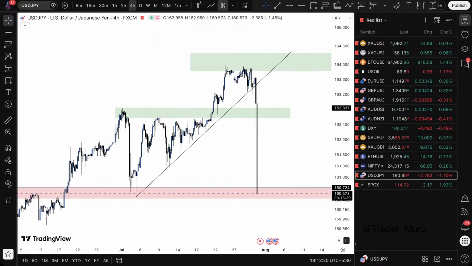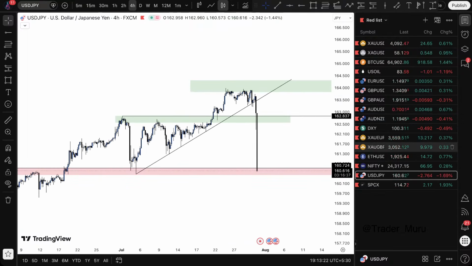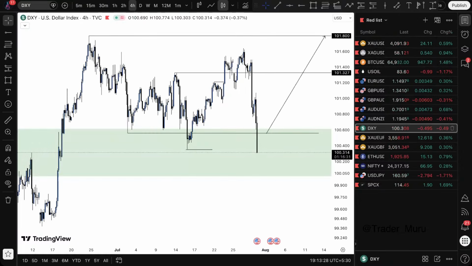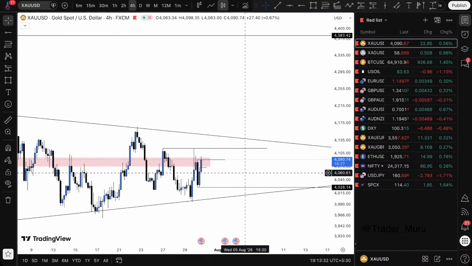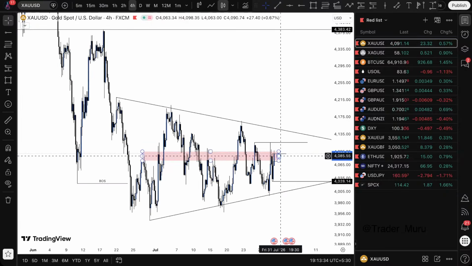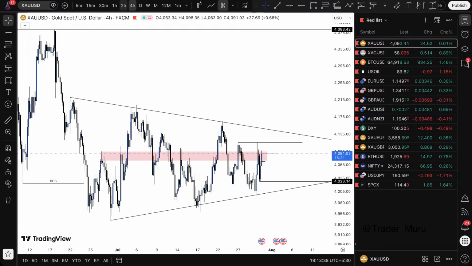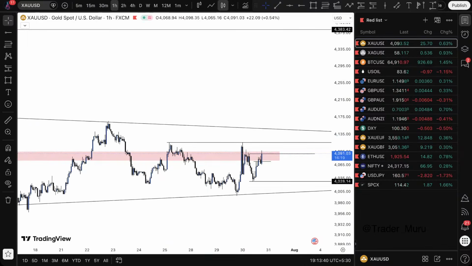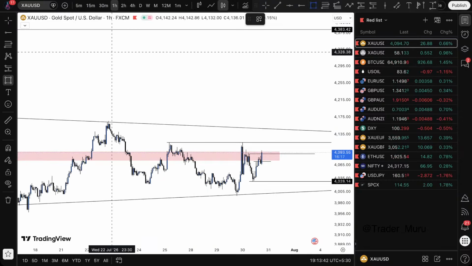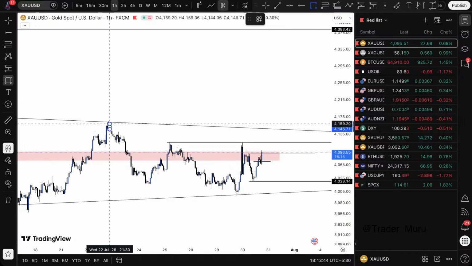USD JPY, this was a nice area. Wait for closing, we might get this entry near the trend line. In the 1-hour time frame, we have a pending order block here which can be tested.